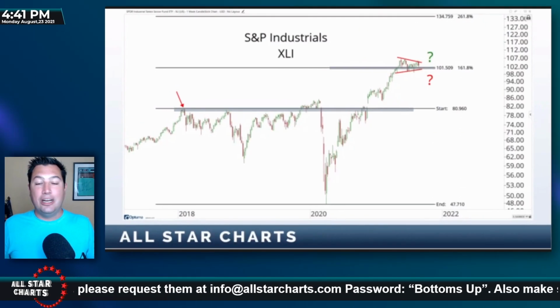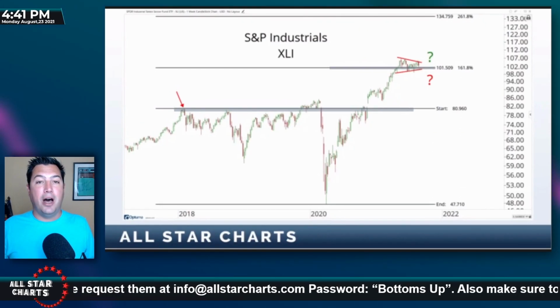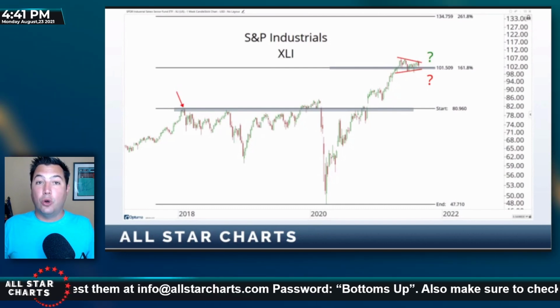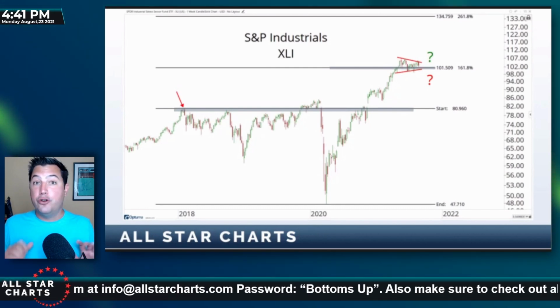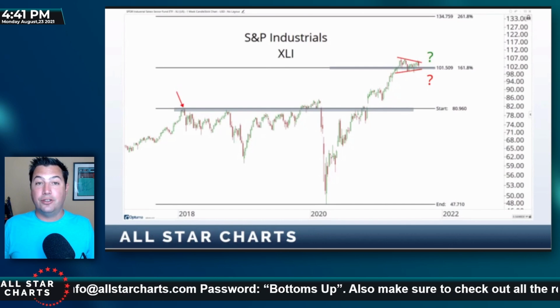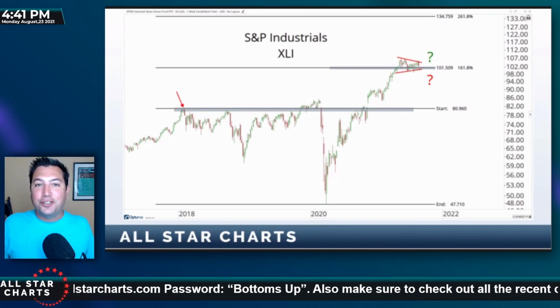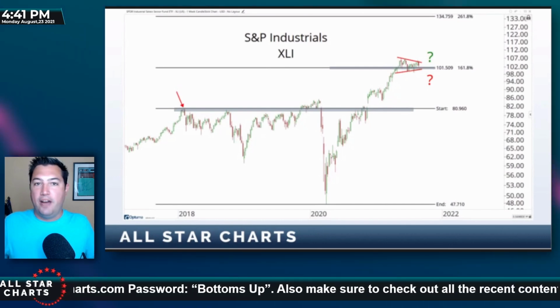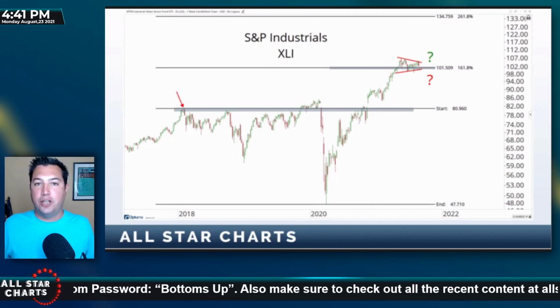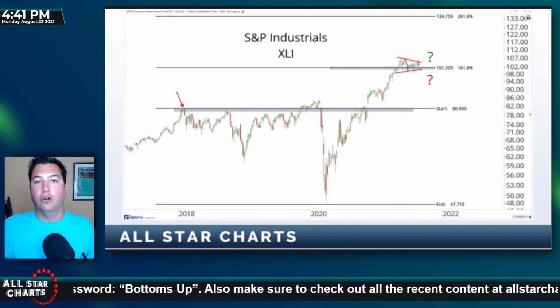But before we get into that, I want to show you one chart that I think every investor, no matter what, should have on their radar, and that's the S&P industrial sector. It's incredibly diversified. Keep in mind, the industrials have the highest correlation with the S&P 500 of all of the S&P sectors. And when you look at what's in the industrials, it's no wonder. You've got all the transportation stocks: truckers, railroads, airlines.